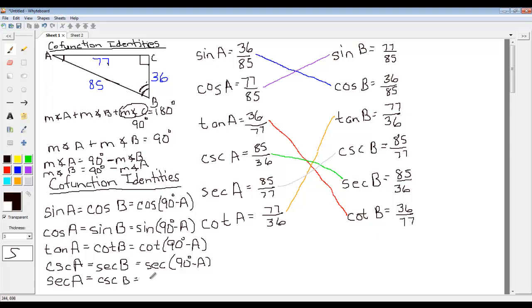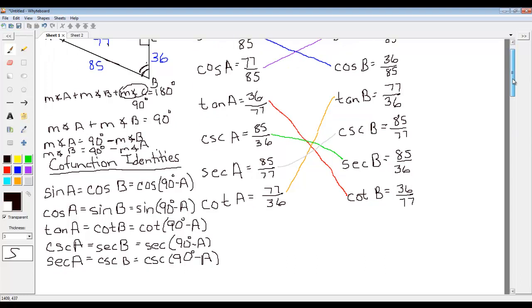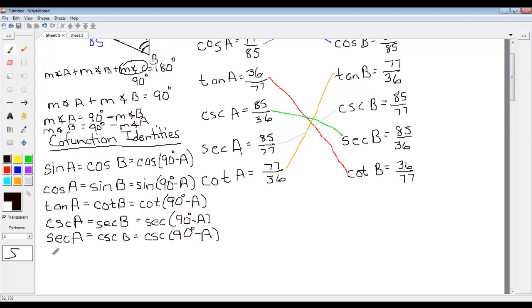Cosecant of B, so that's the same thing as cosecant of 90 degrees minus A. And so forth. Let's see, we did tangent of A. Oh, we could also do cotangent of A. We saw that cotangent of A is the same thing as tangent of B. So we could say, well, that's the same thing as tangent of 90 degrees minus A.